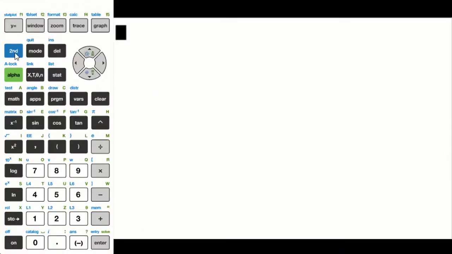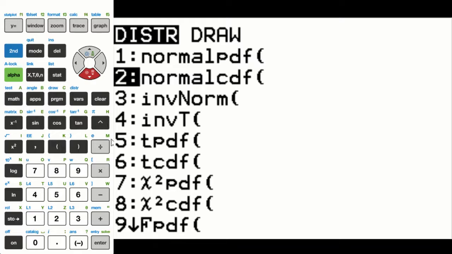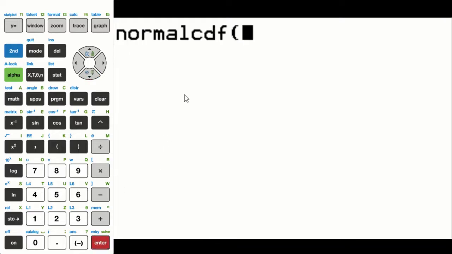For a TI-83 calculator, or anyone using an earlier version of a TI-84, after selecting the normal CDF command, the command itself will be printed directly on screen instead of showing the menu as you have seen earlier. This is where you can go ahead and enter the information about the bell curve.